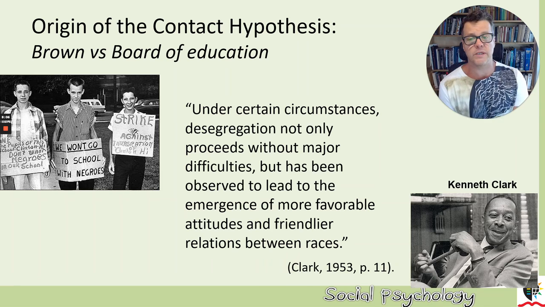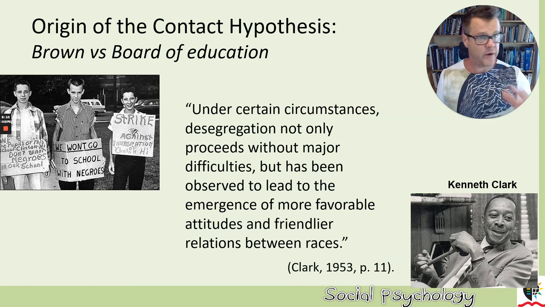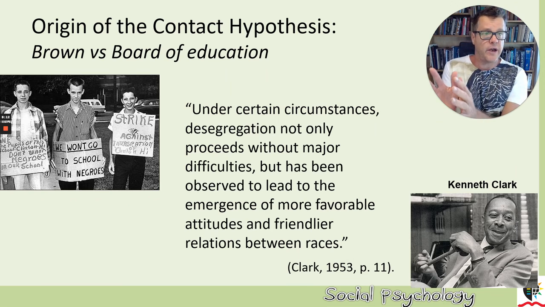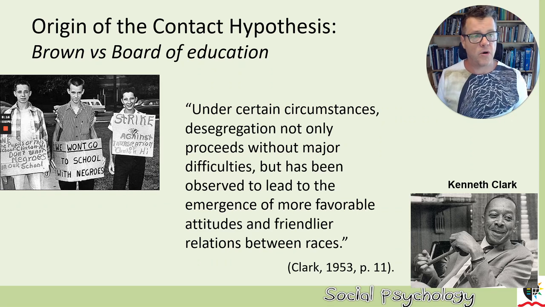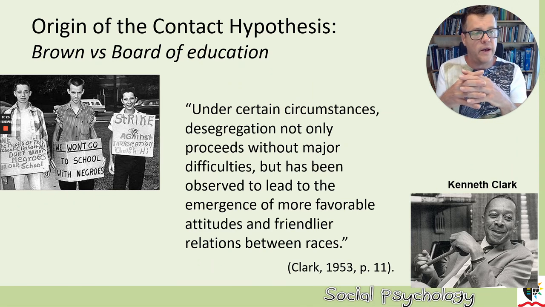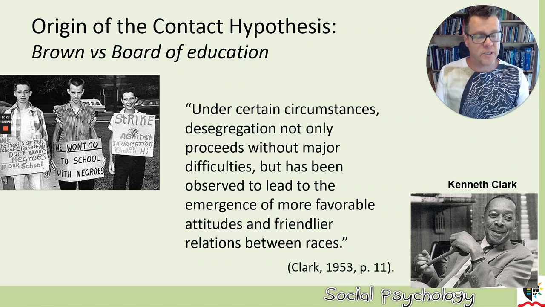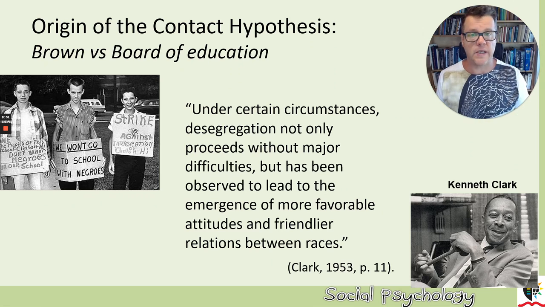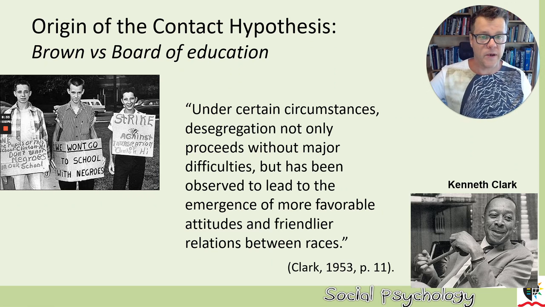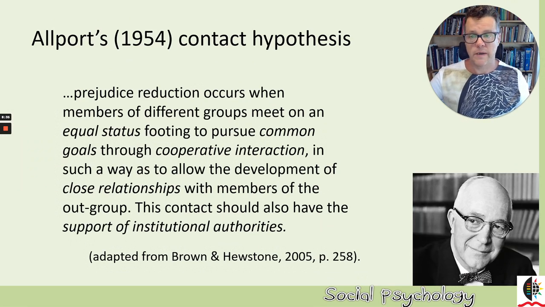Everyone was worried that if you desegregate, all these racist people are going to get violent, and we have to be scared of them. But Clark argued no, that desegregation itself would be the cure to prejudice and racism. All we do is desegregate, put people together, and the prejudices themselves will disappear. And in fact, there's much evidence that did happen over the course of the 20th century.